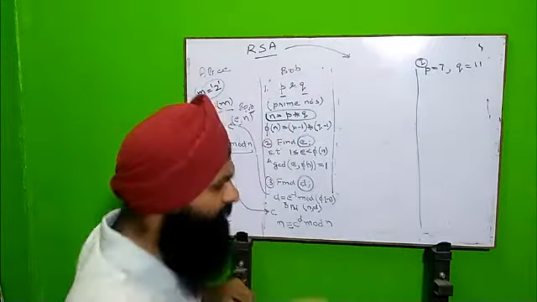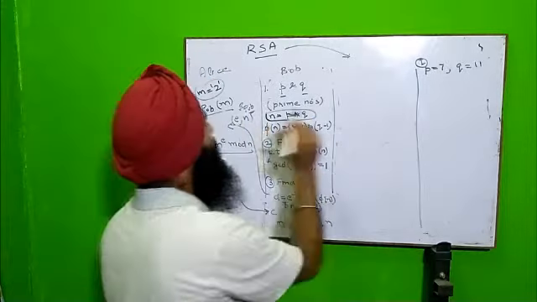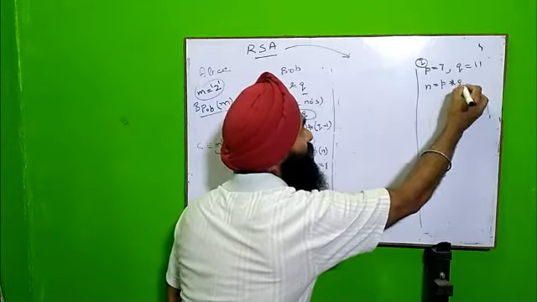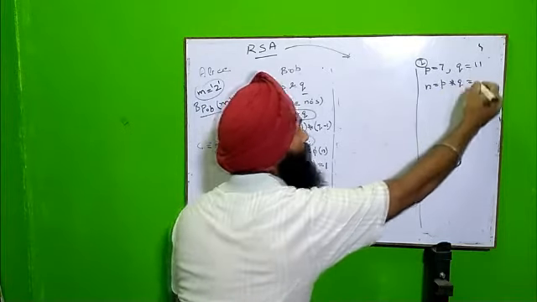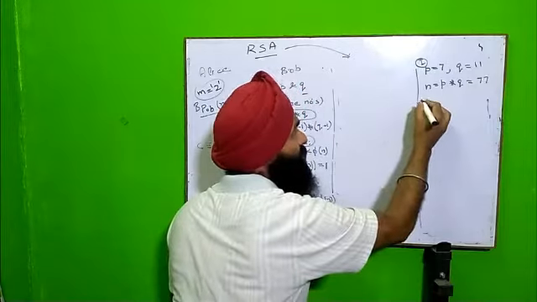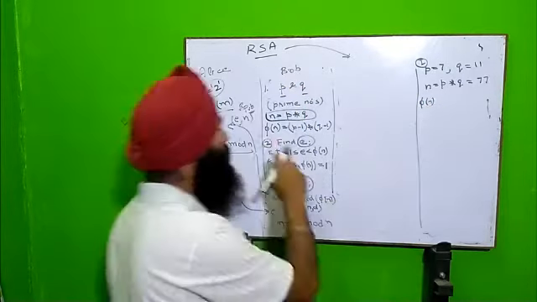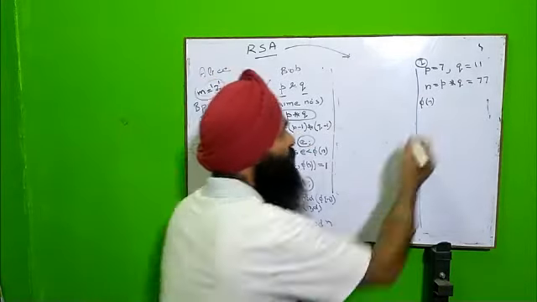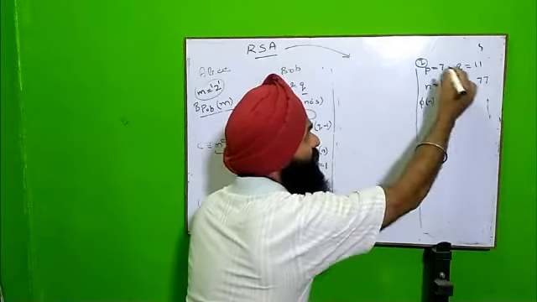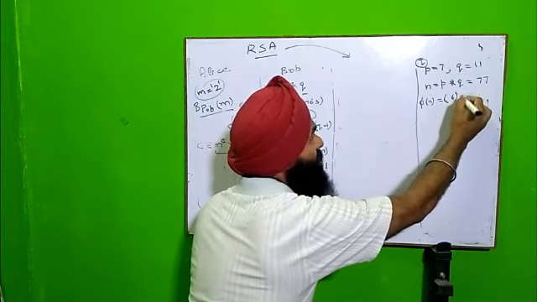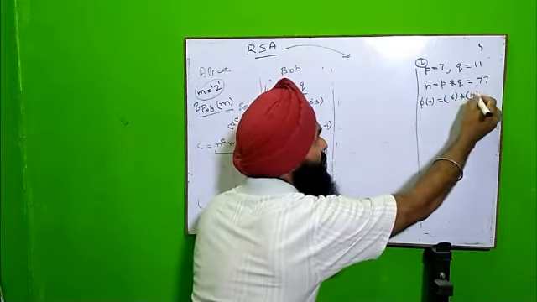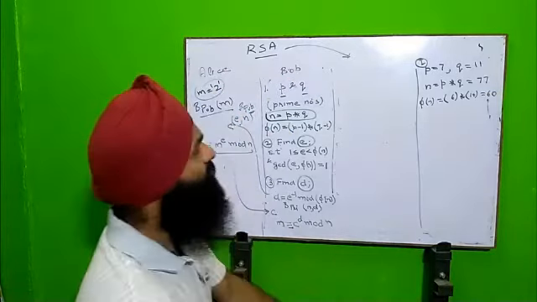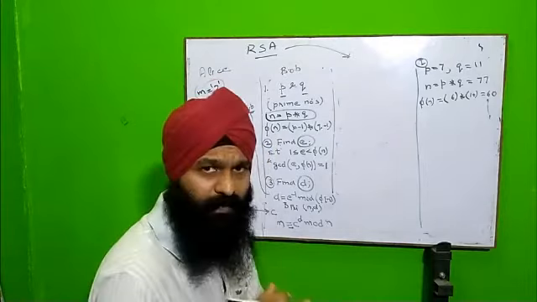Let's calculate n. n is equal to p into q, that is 7 into 11, 77, whereas phi n is equal to (p minus 1) into (q minus 1). Here p minus 1 is 6 into q minus 1, that is 10, so phi n is 60. So we have calculated n and phi n in the first step.